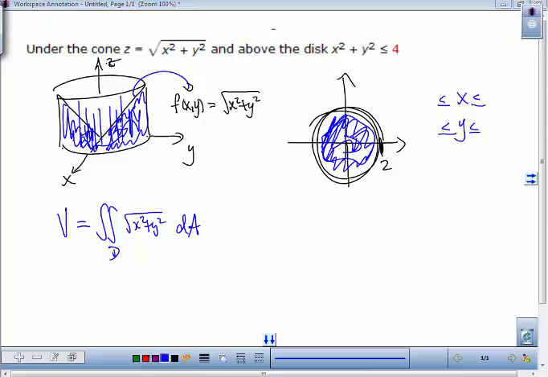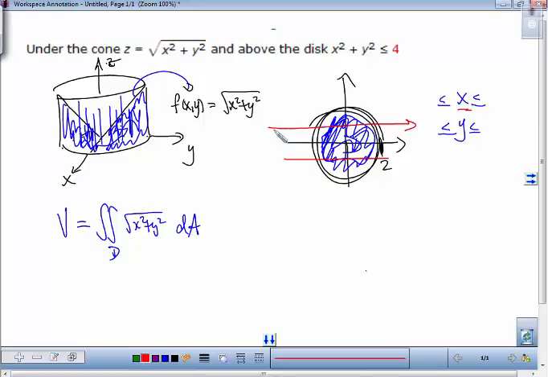And remember, last time I tried to get you to think about how to do this in a working fashion. The way I asked you to think about it is you would draw a line parallel to whatever axis you're going to integrate with respect to first. And maybe draw a couple of lines just to make sure that you're going to be hitting the same functions going in and going out of the region.